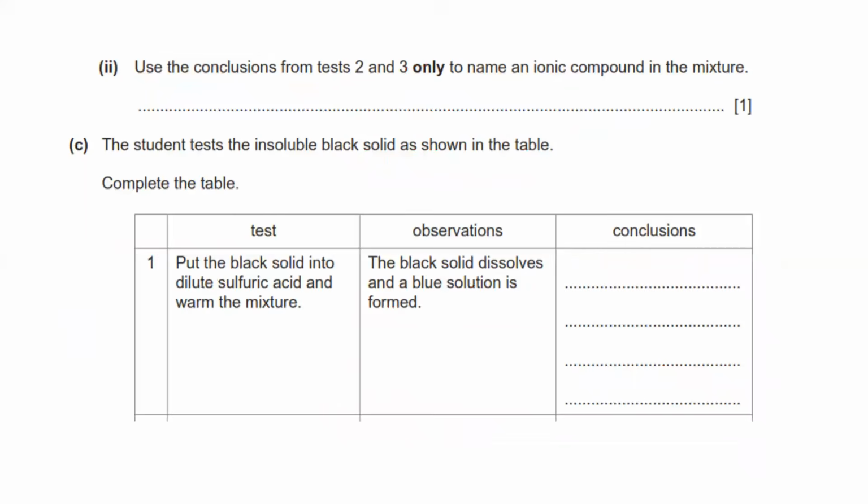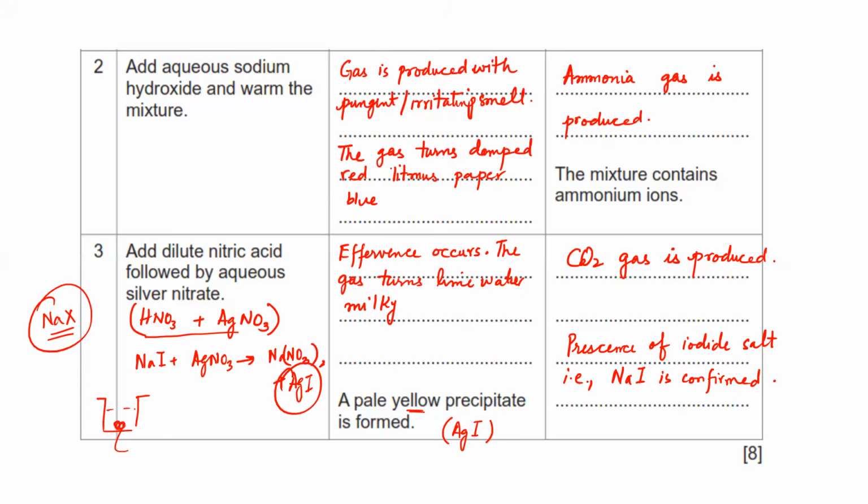So moving ahead, use the conclusions from test 2 and 3 to name the ionic compound in the mixture. With test 2, we can say that we have NH4+, or ammonium ions, and here we can see that we have iodide ions.